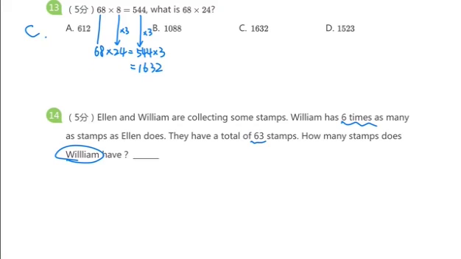So first we know Alan should be the one line segment or the unit line segment. And for William, it's 6 times as many as Alan. So we have 1, 2, 3, 4, 5, 6 same line segments. And in total, we know is 63. So now we can find out 7 line segments equals to 63.